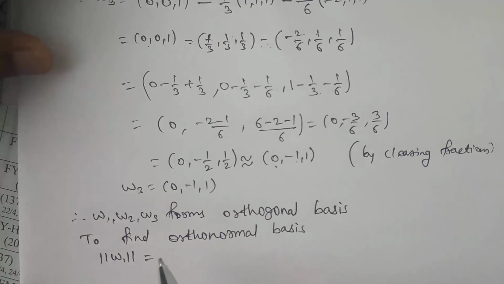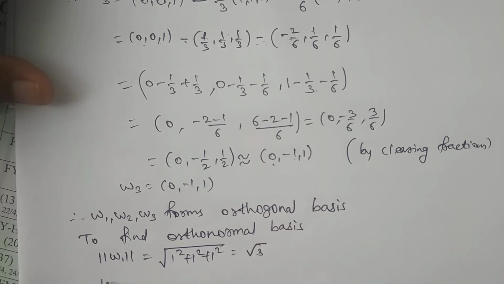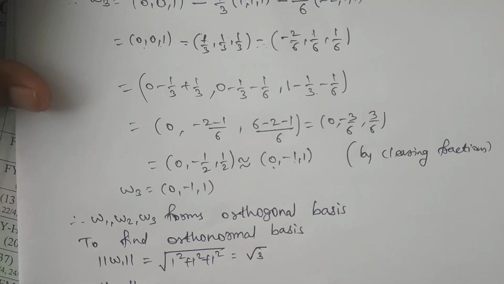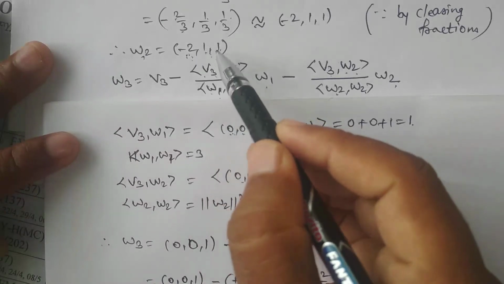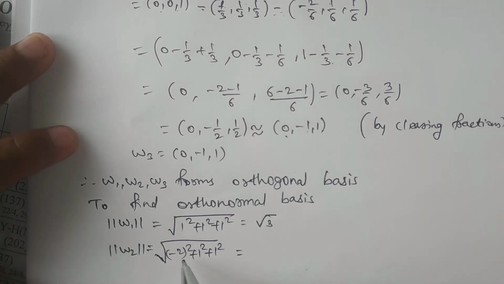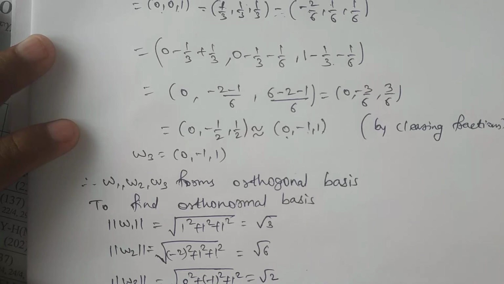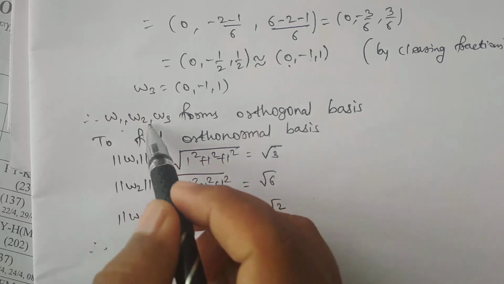W1 is (1, 1, 1), so the norm of W1 is under root of 1 squared plus 1 squared plus 1 squared, it is root 3. The norm of W2, with W2 vector (-2, 1, 1), is under root of (-2) squared plus 1 squared plus 1 squared, it is 4 plus 1 plus 1, it is root 6. And the norm of W3 is under root of 0 squared plus (-1) squared plus 1 squared, so it is root 2. So from this we can normalize W1, W2, W3.